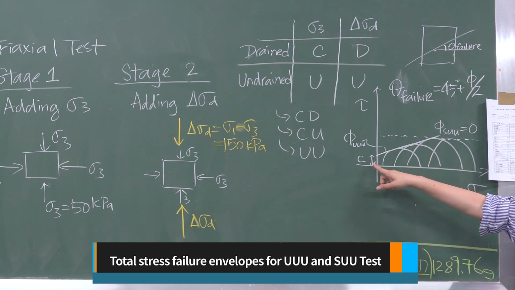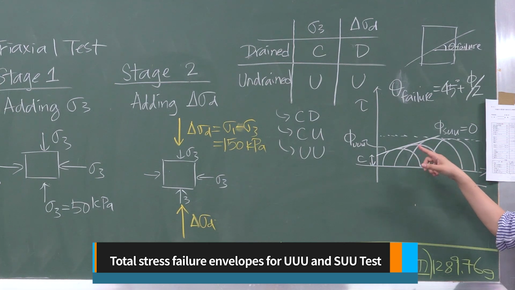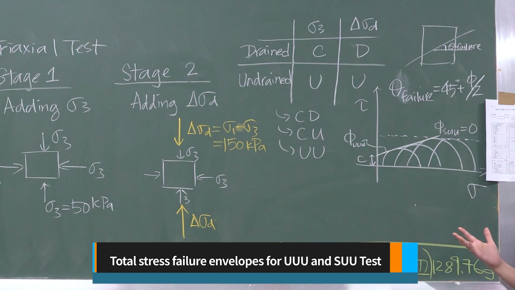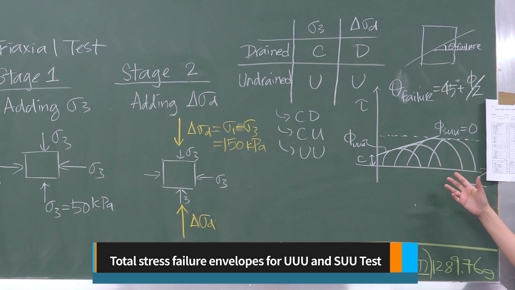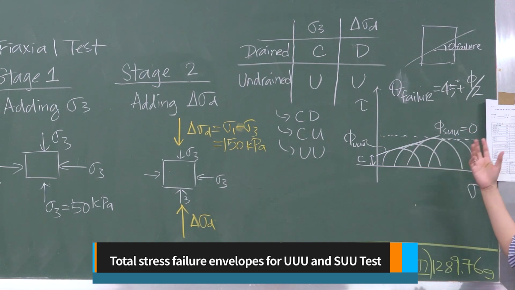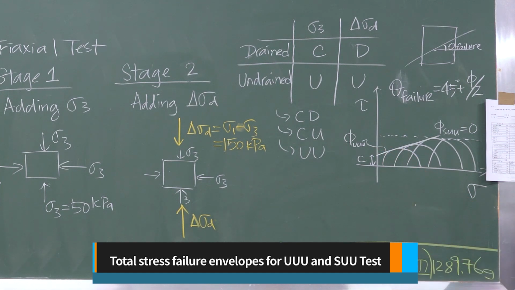You will have an intercept c and a slope, which is the friction angle corresponding to the unsaturated, unconsolidated, undrained test. But if you have a saturated, unconsolidated, undrained test, what you would expect is that the friction angle corresponding to those specimens would be equal to 0. This should be discussed in your soil mechanics class. So we will use what we learned from that to calculate c and also phi for our soil specimen today.